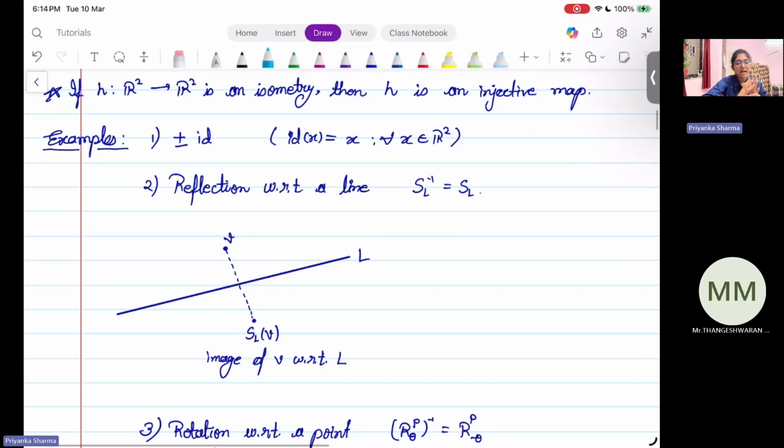So first we will have the identity map, which is denoted by ID. Identity of X is X, that is, it fixes every element of R square.